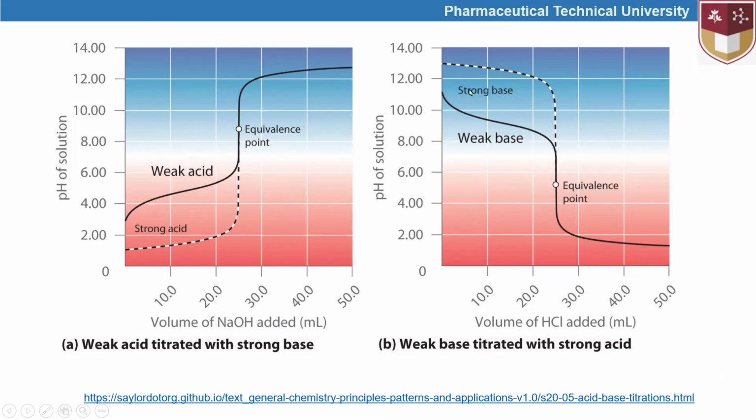The reverse results can be observed between the titration of a strong base and a weak base when titrated with a strong acid like hydrogen chloride. I mean hydrochloric acid. Hydrogen chloride stands for the gas, consisting of hydrogen and chloride, and hydrochloric acid is the solution of hydrogen chloride in water.